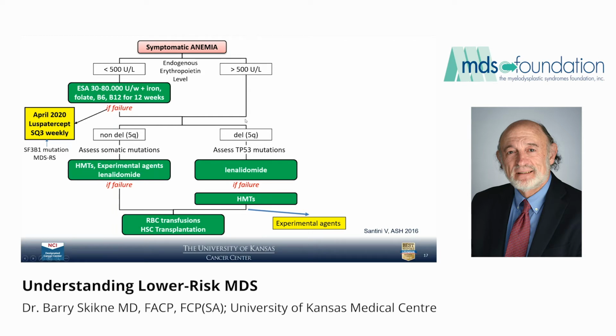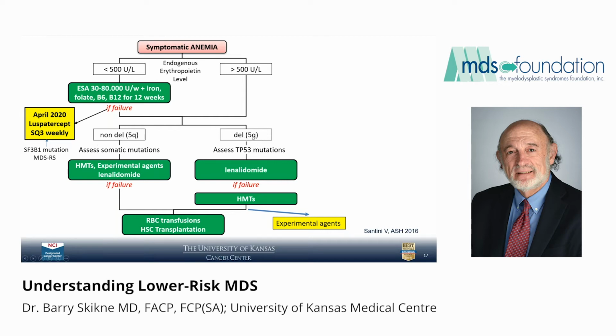So if we have failure in this first step of giving an erythropoiesis stimulating agent or not, then the next thing we want to know from our bone marrow, and this is on the cytogenetics, well, was there a deletion 5q present? Or not? Was it a non-deletion 5q?